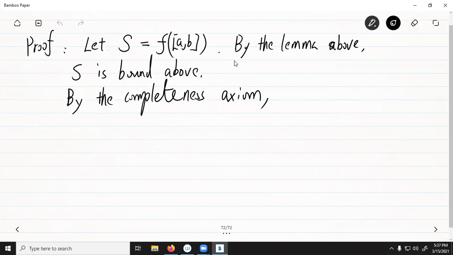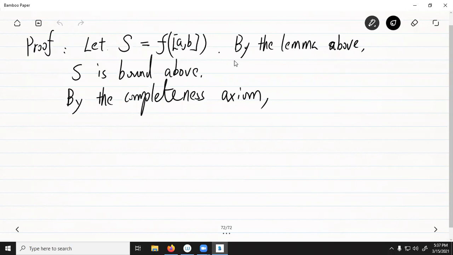And we also have a theorem we proved. Anyway, we have proved another result using the completeness axiom: if you have a set of real numbers that is bounded below, then the infimum also exists, right?